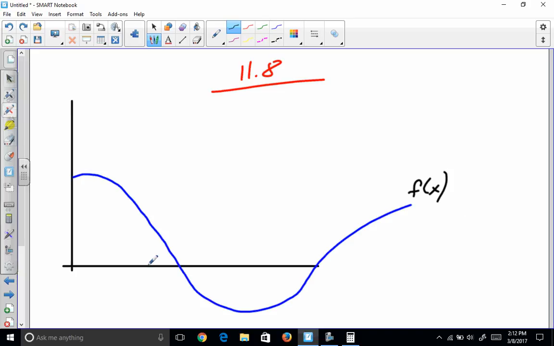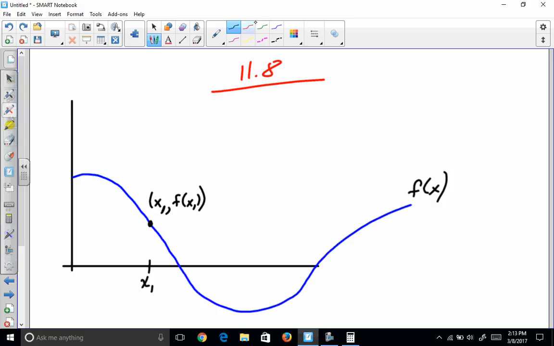So let's suppose we make an initial guess. Let's suppose we guess this value, and if we plug that into our function, we would get this y value, which we can see is not going to be 0. So that's not the x-intercept.